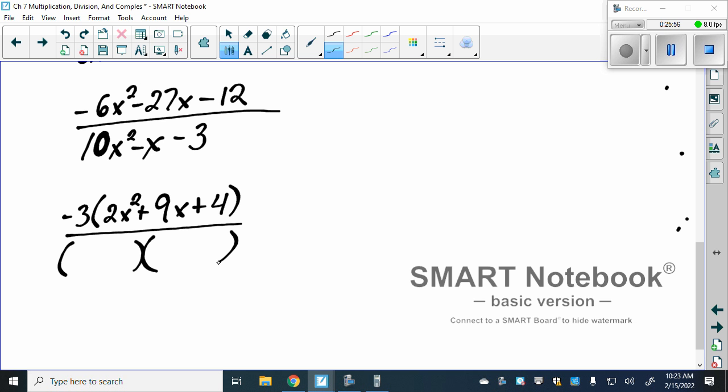Now the denominator will factor. Since the 3 is negative, our signs are going to be opposite. One's going to be positive, one is going to be negative. Now the factors of x squared are x and x. 5 and 2 and 2, and then we would have 3 and 1.